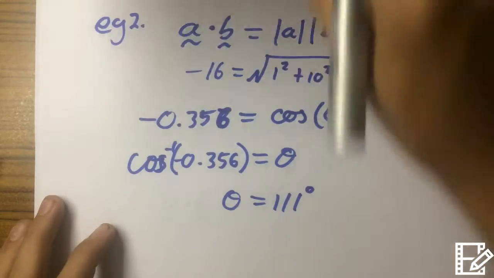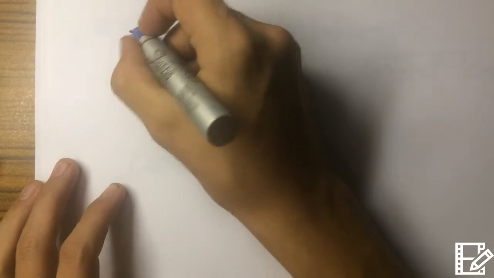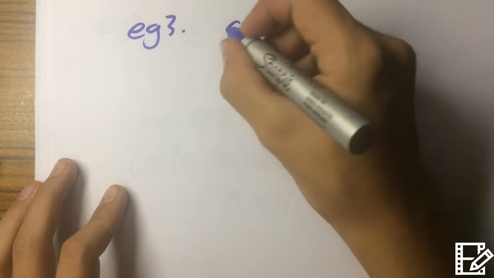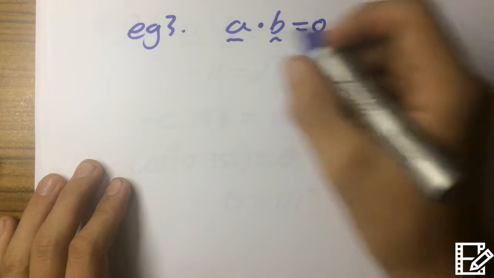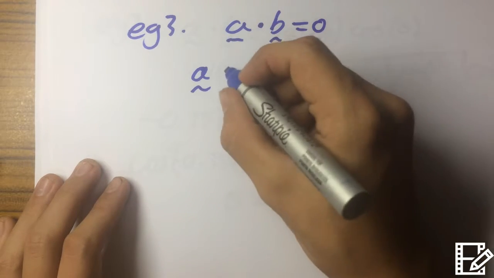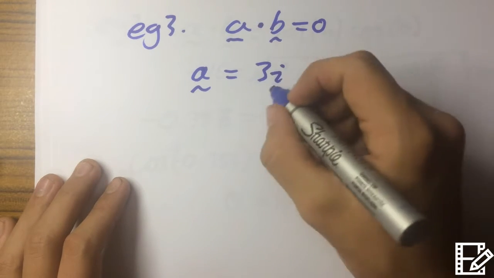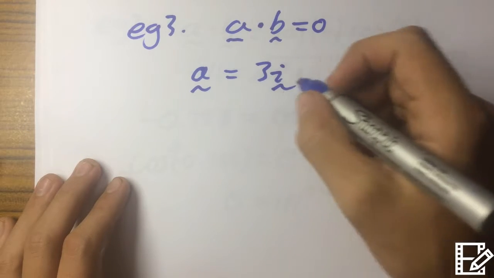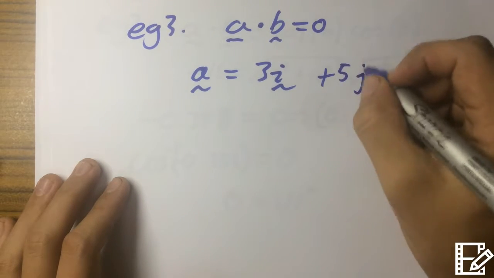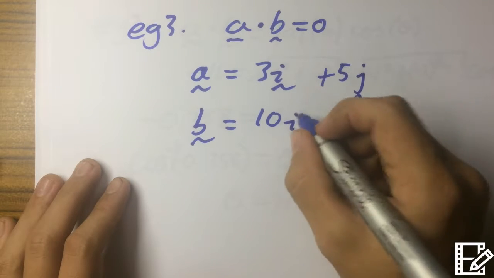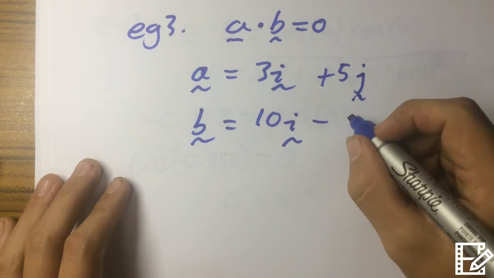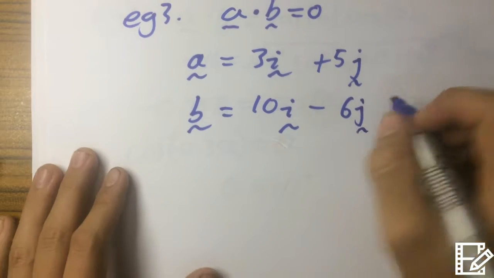Okay, now for our third example, which will be finding if A dot B equals 0. And I've got new values because obviously we want it to equal 0, we want it to work. So now A equals 3i plus 5j, and B now equals 10i minus 6j.